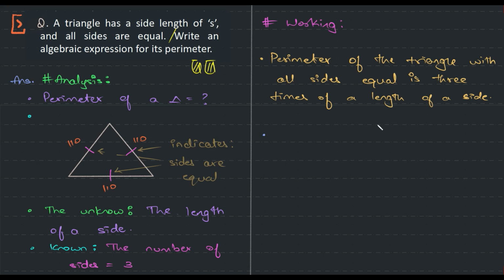Do you guys agree? Now we have to figure out the mathematical equivalence of this. Times means multiplication, and the length of a side, I have not taken as any variable.